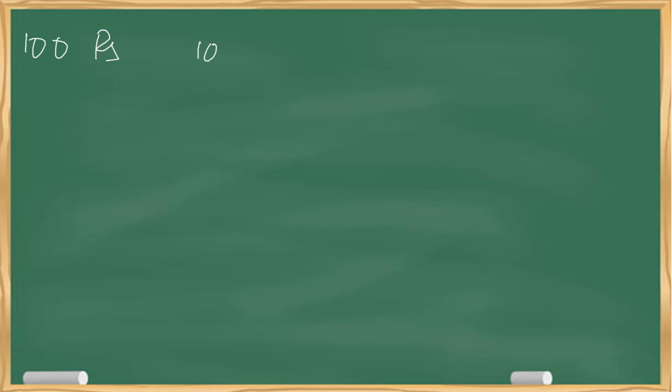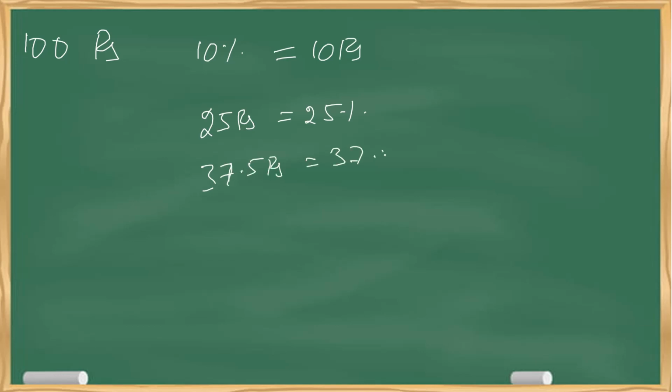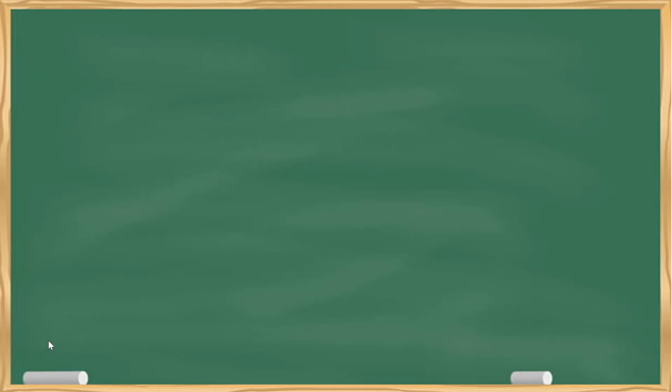So in 100, 10% is 10 rupees, 25% is 25 rupees, 37.5% is 37.5 rupees. That's why many people consider 100 as an example value, because in 100 the percentage and the number are both the same.